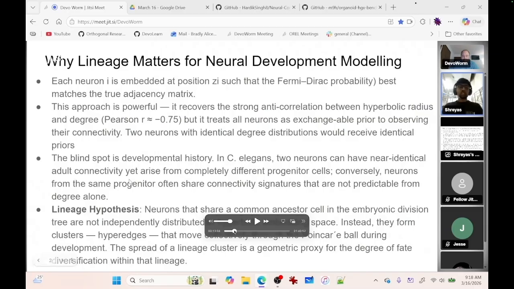He talks about why lineage matters for neurodevelopmental modeling. And so what he's doing is he's taking the data and projecting it into this hyperbolic space, which is a special kind of mathematical space that's different from Euclidean space. It allows for curvatures to be represented. And then using the lineage tree information to build these time-dependent structures.